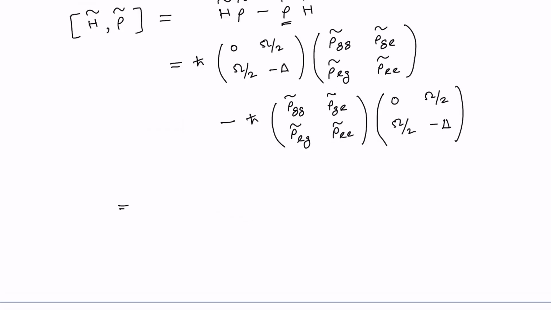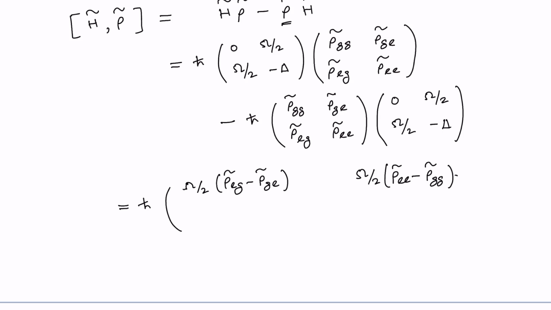Now if you do the algebra carefully, just matrix multiplication only, it is going to give you h cross omega by 2 rho tilde ez minus rho tilde ze, and in the second column you are going to have omega by 2 rho tilde ee minus rho tilde zz plus delta rho tilde ze. Please verify yourself.